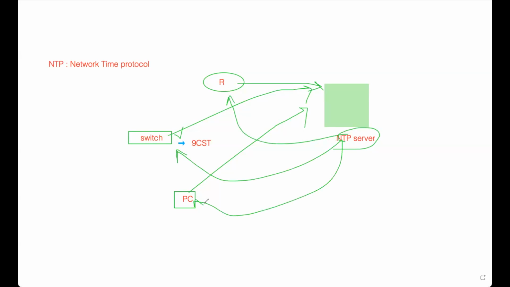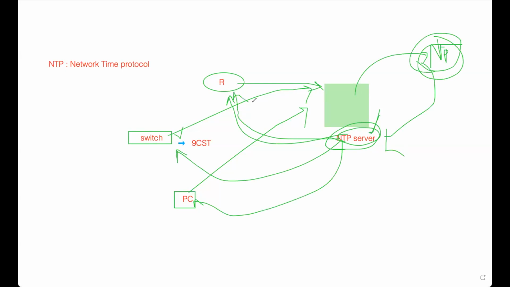As a matter of fact, every network device or any server or any host talks to the NTP server in the network, and the time will be decided by this server. And how does this server get the time, guys? This server will talk to public clocks, public NTP servers. From the public NTP servers, your NTP server will get the time, and that time will be sent to the routers.